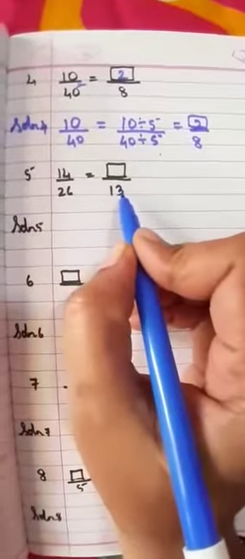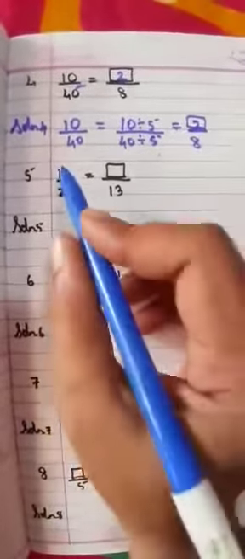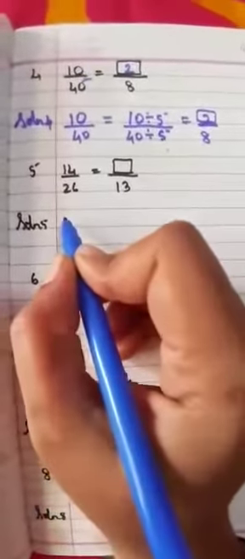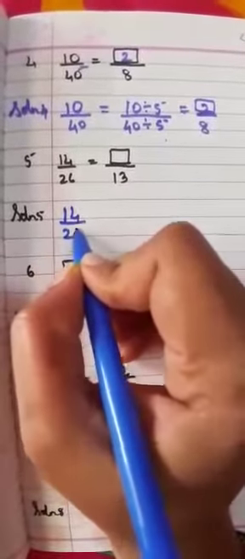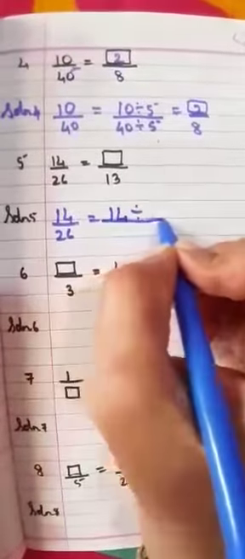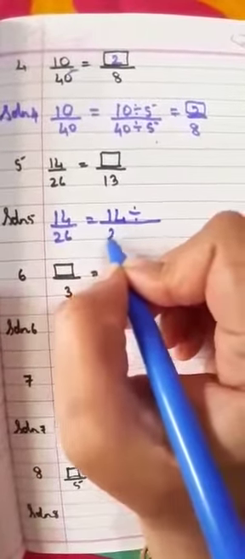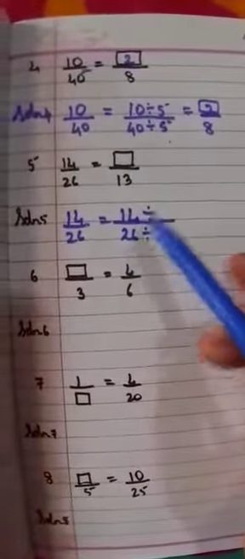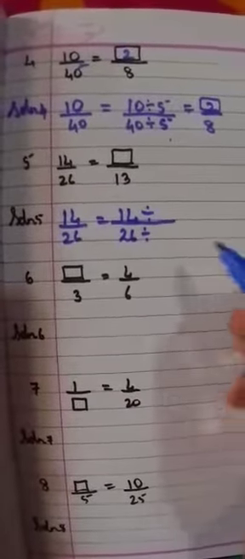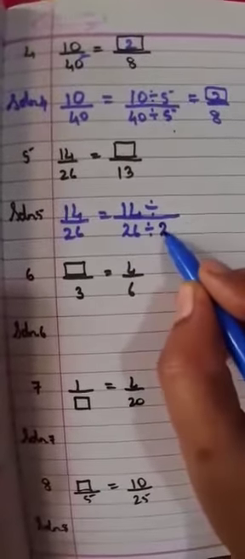Now we will move on to fifth question. Fifth question, again here this number is smaller than this, that is the question. We have to find the smaller number. So again we will have to do the division. So 14 upon 26. So we have to divide 26 with such a number that we get the answer 13. So in 13's table, 26 comes as 13 2s are 26.